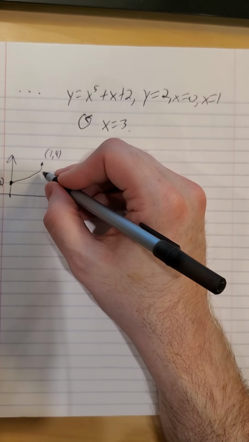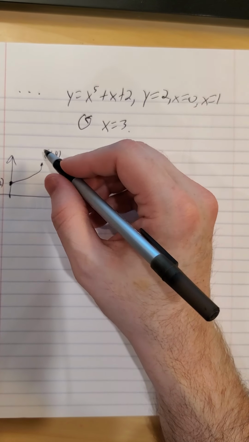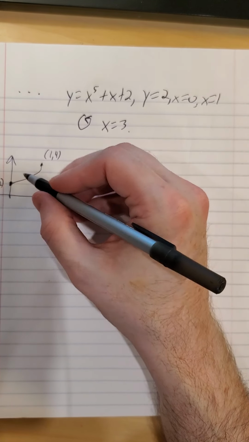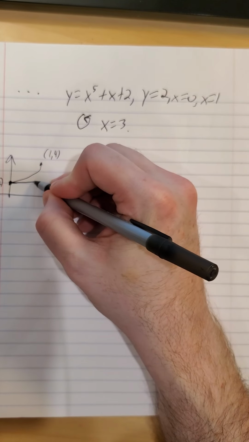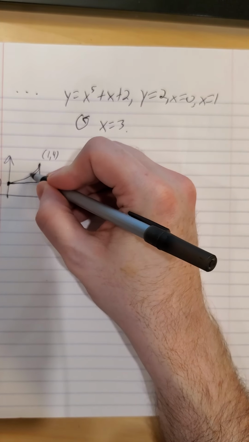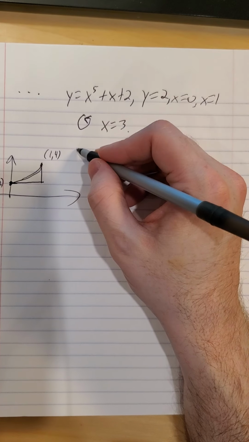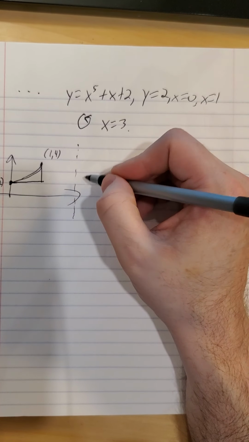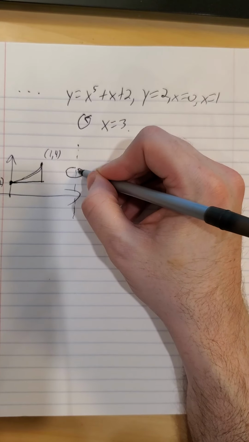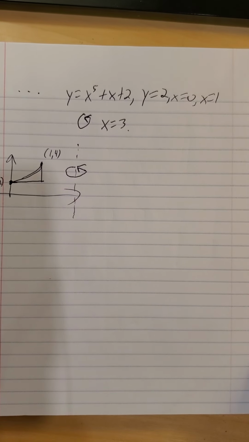Some kind of curve happening between them. We're not going all the way down to the x-axis. We're stopping at y equals 2. And we're spinning this around the line x equals 3, not to scale, obviously, but spinning it around that way.